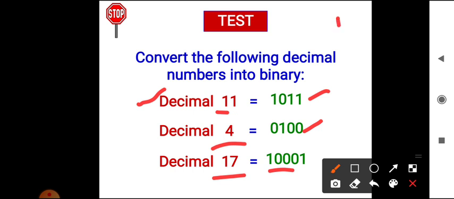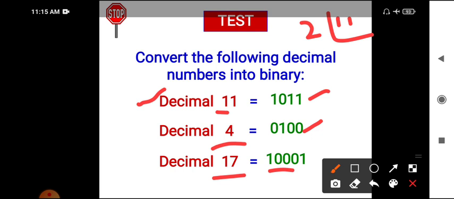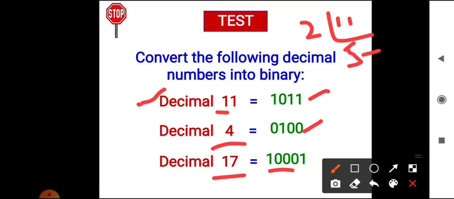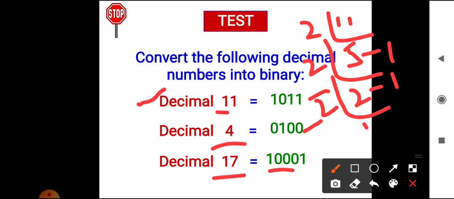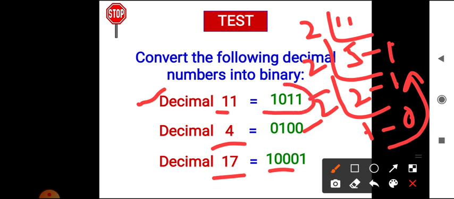I will tell one example. Suppose here 11 is there. Every time we have to divide. 2 5 is 10, so remainder will be 1. Again 2 2 is 4, remainder will be 1. Again 2 1 is 2, remainder will be 0. So now see, 1011. 1011 will be the answer for the decimal number 11.